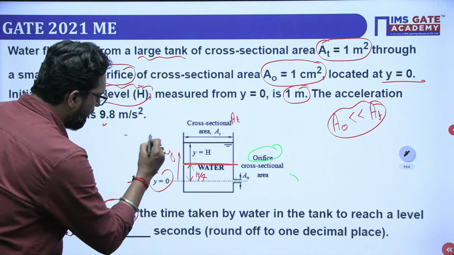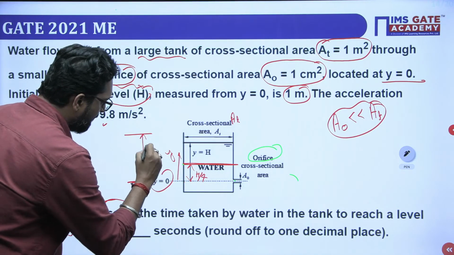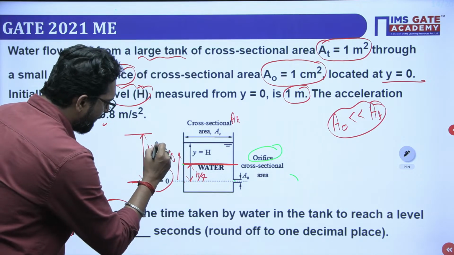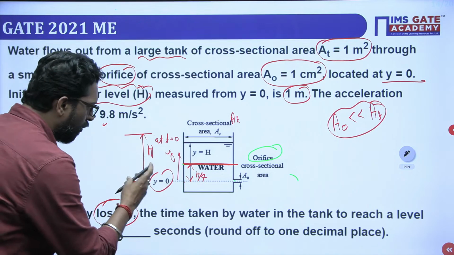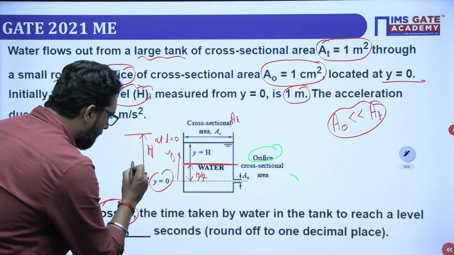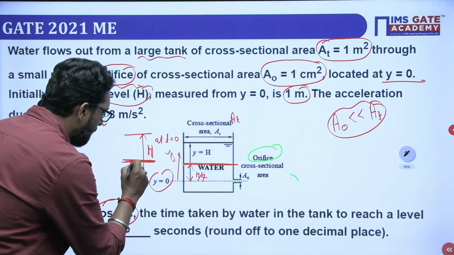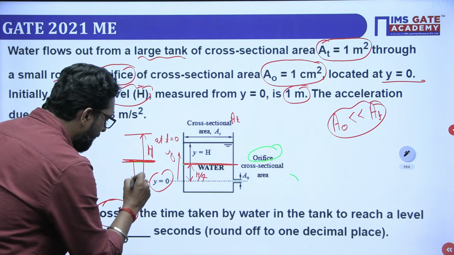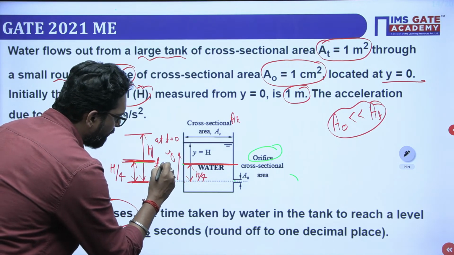So initially this height h is there, at, let's suppose, time t equal to 0. Now you have to measure when the level of the water in the tank reaches h by 4, at what time they reach.